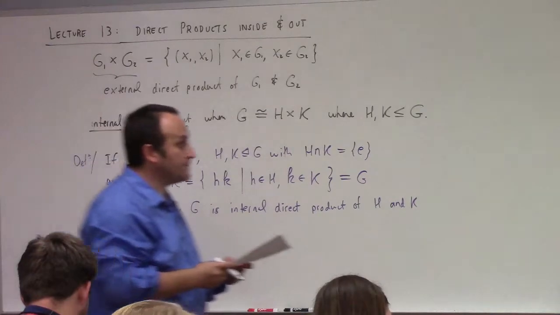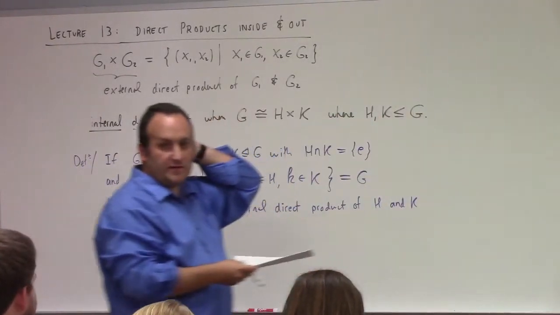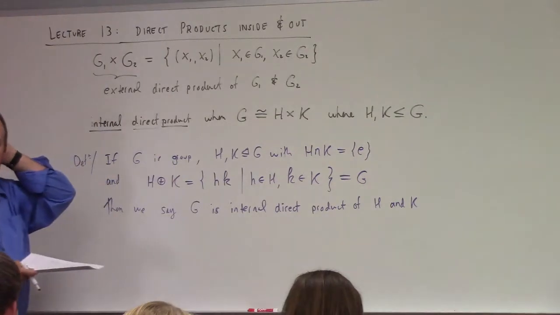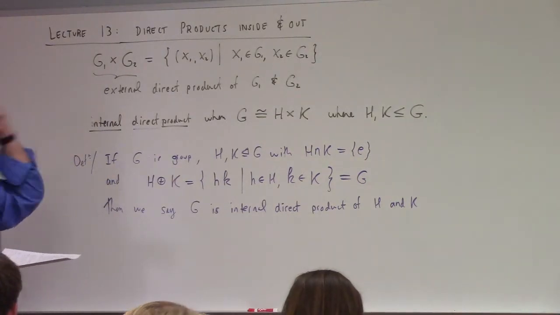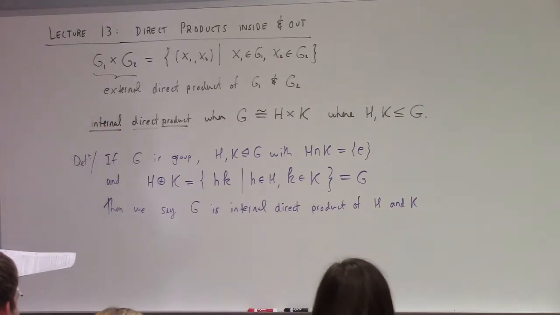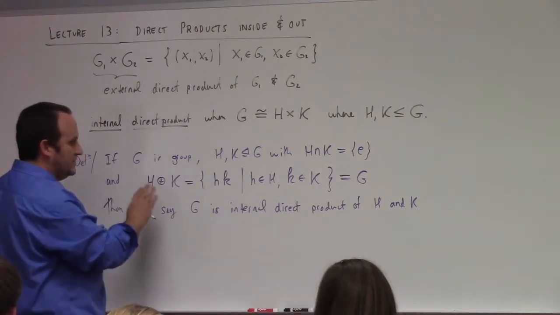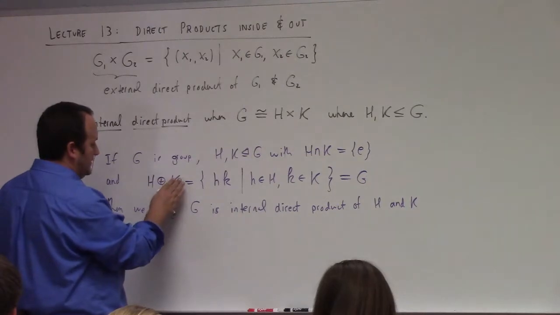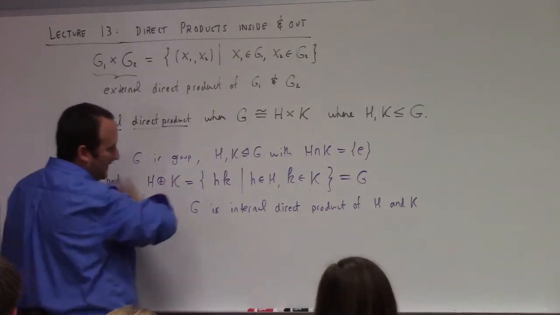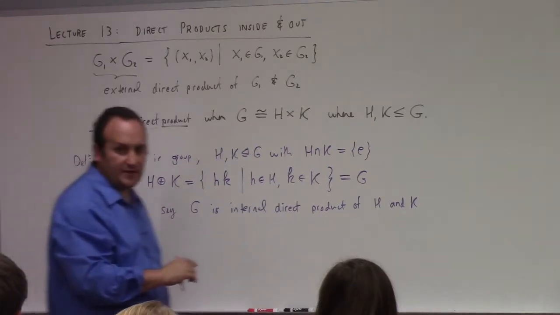Now, this H and K for Z6, are those normal? Well, it's an abelian group, right? Every subgroup is normal. So they're normal subgroups. Where do they intersect? 0, right? By the way, independent of the data that's here, you could define the product of subgroups.